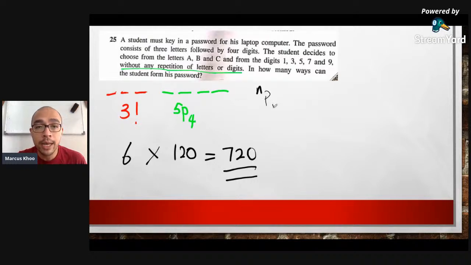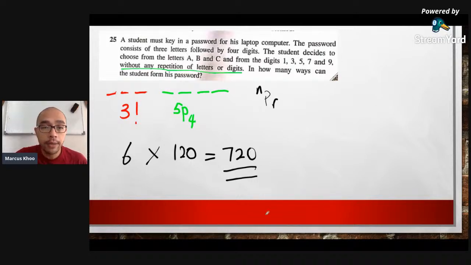We use nPr when there is a big number of numbers or people or officials or whatever, and you only want to choose a few. You are not taking all, you are only taking some out of all. This one is where you take all. So please know the difference between these.